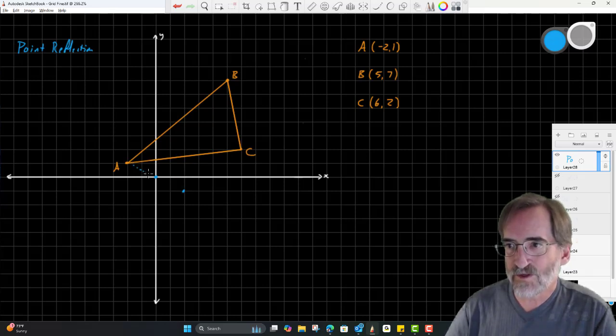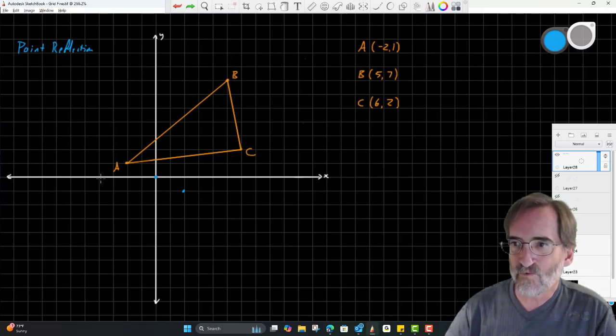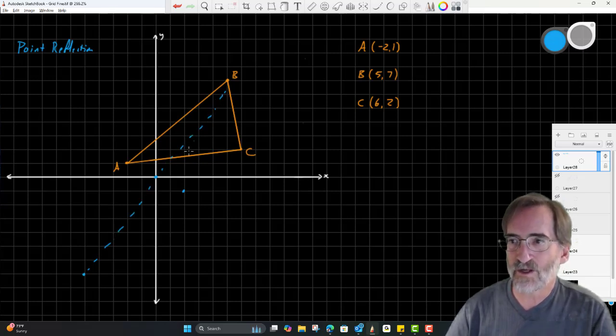This distance is directly opposite this distance, and they're the same. And B is 5 over and 7 up, so we want to go 5 left and 7 down. Again, you can see that they're directly opposite the origin and equal distance.